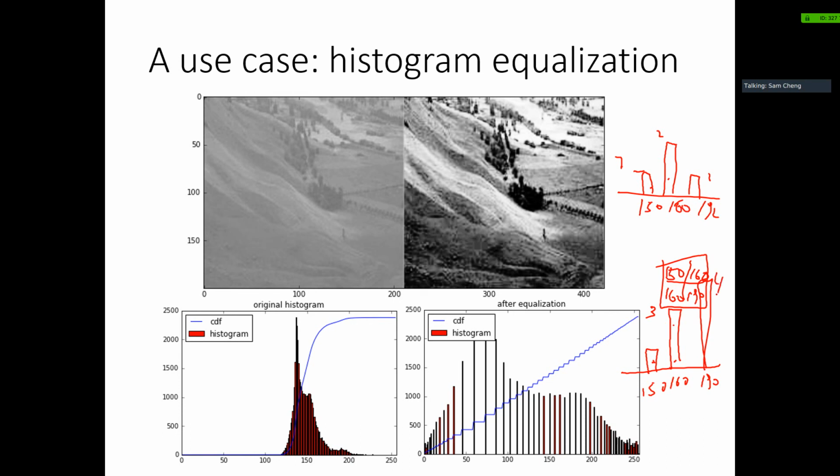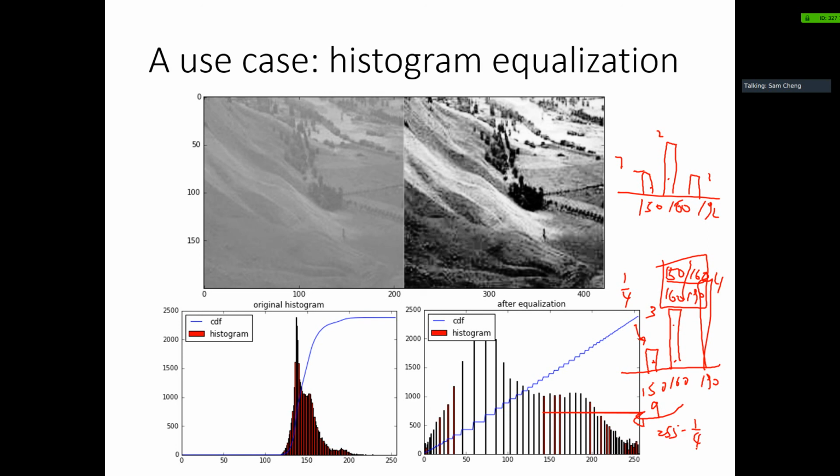So I want to somehow change this to this. I can continue with this example. From this to here, what you can do is say the first value is about 1/4 of this region, right? So I should map it to 255 times 1/4.